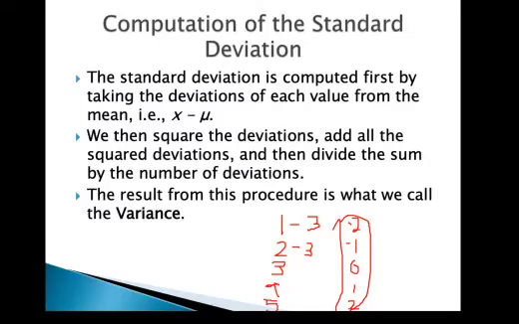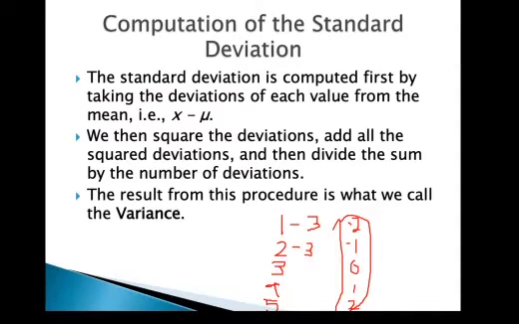And we told you a while ago that the standard deviation is defined conceptually as the average deviation from the mean. So we get the average of these deviations from the mean. How do we get the average deviation from the mean?